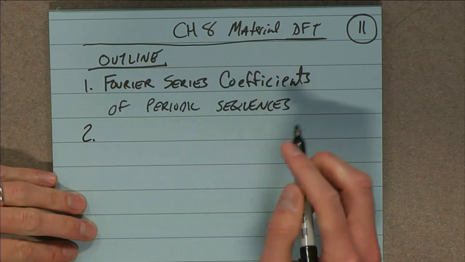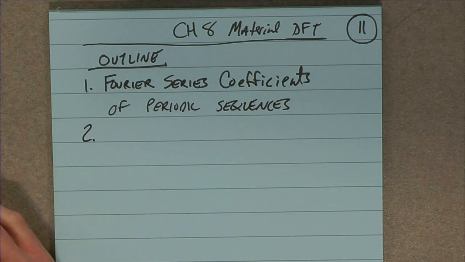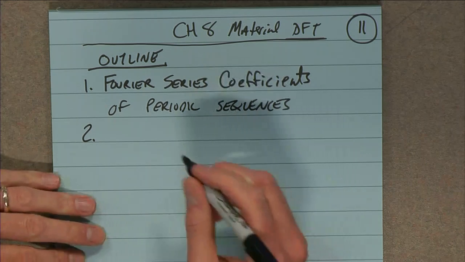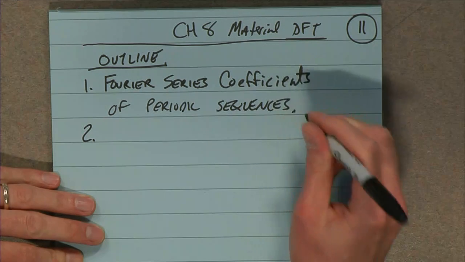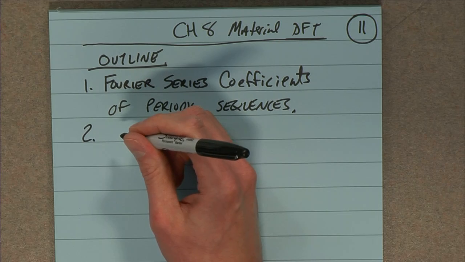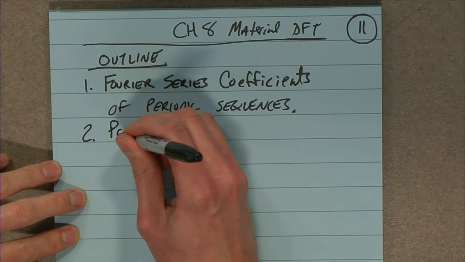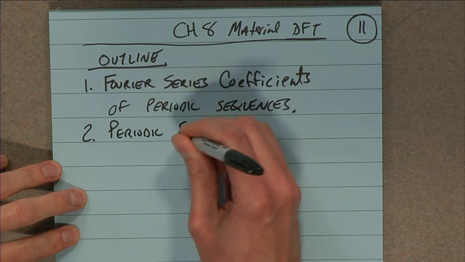And it turns out the Fourier series coefficients are supposed to only apply to periodic sequences, but we're going to cheat and apply them to non-periodic ones, and that's basically called using the DFT. So if that's so useful, then how can we get periodic sequences that are of any use? Well, basically we're going to construct periodic sequences.